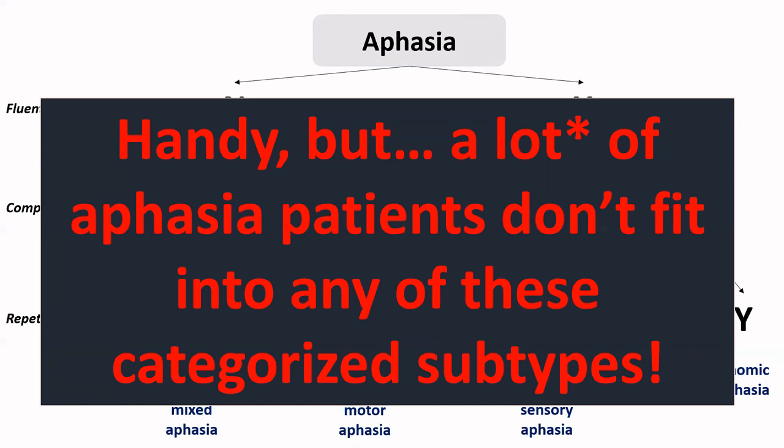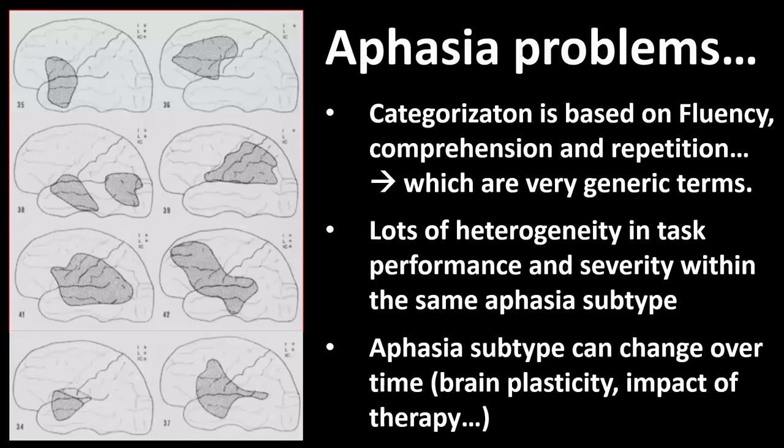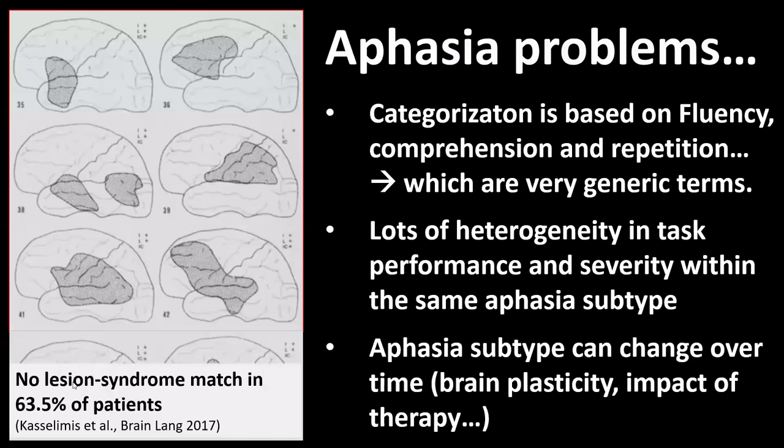So we have 8 aphasia subtypes, and about 25% of patients in this particular study, but I've seen other studies with similar numbers, simply can't be classified by using the Boston aphasia classification, and that is a lot. What's even more, there is no lesion syndrome match in more than half of patients. So the classical lesion syndrome match, as predicted by the model, simply doesn't come true.